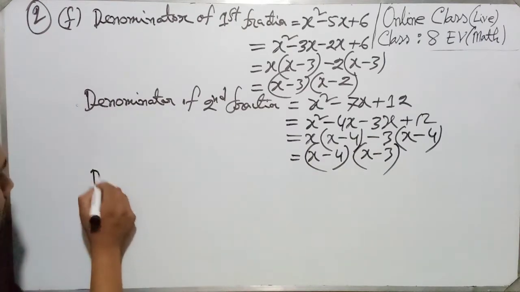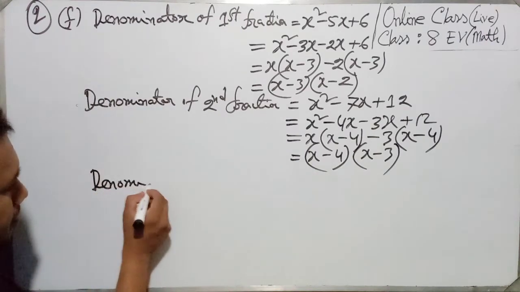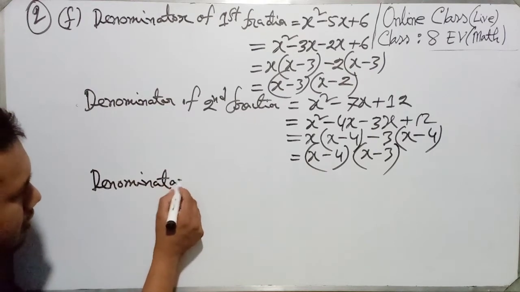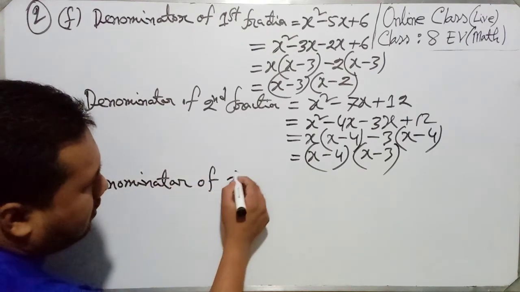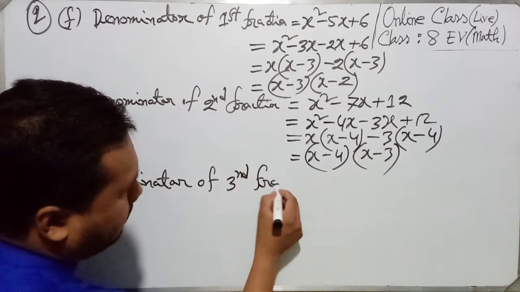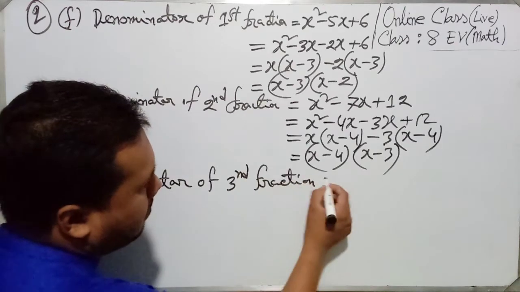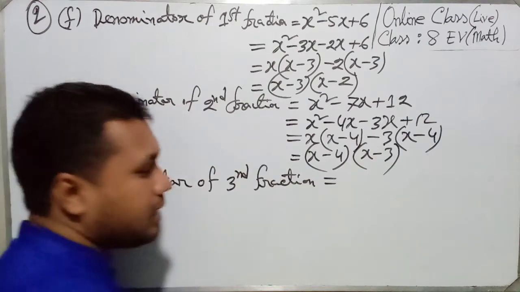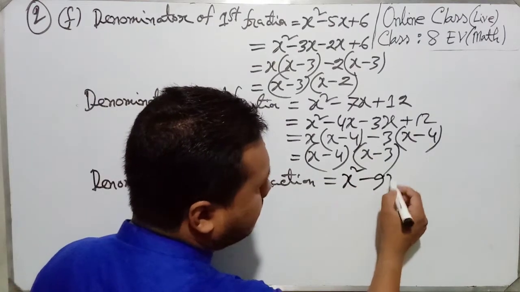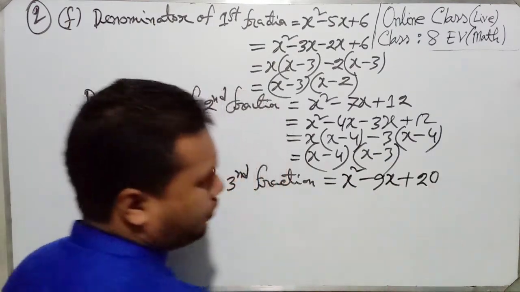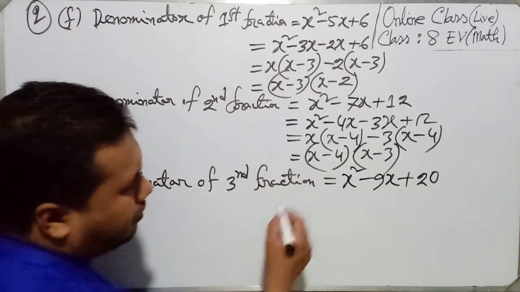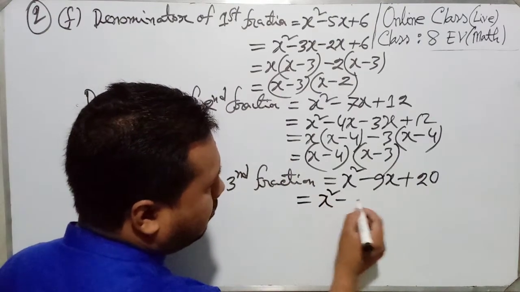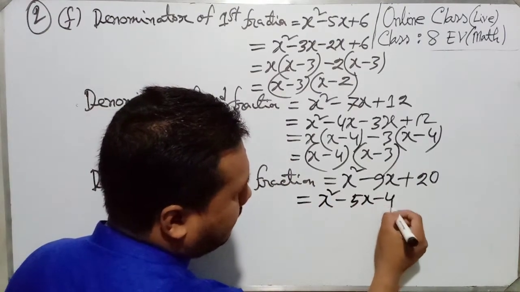Now another one, the denominator of the third fraction. What is the denominator of the third fraction? x square minus 9x plus 20. Both denominators are the same category. So we can write minus 5x minus 4x.